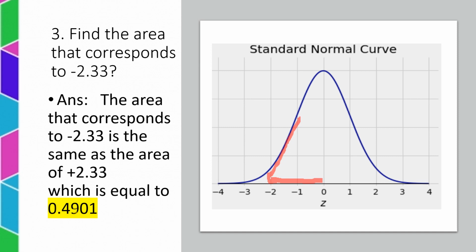From 0, going to the left, going to negative 2.3. And then draw straight line. And then shade. Okay, so if it is negative, so the graph should be located at the left of 0.